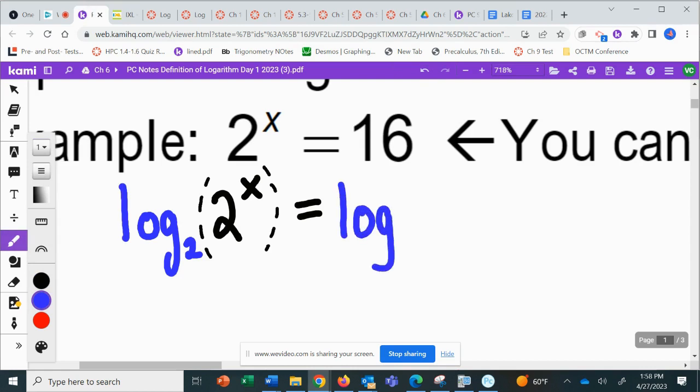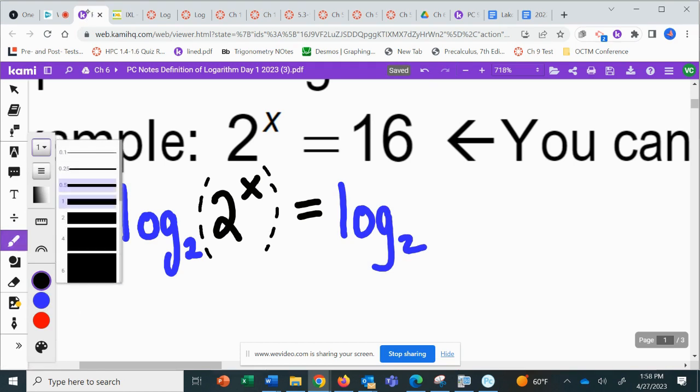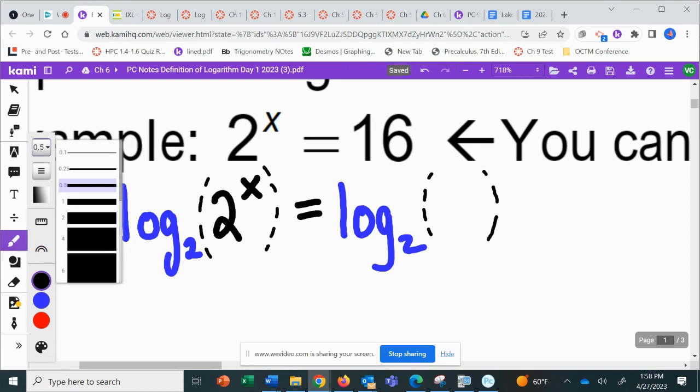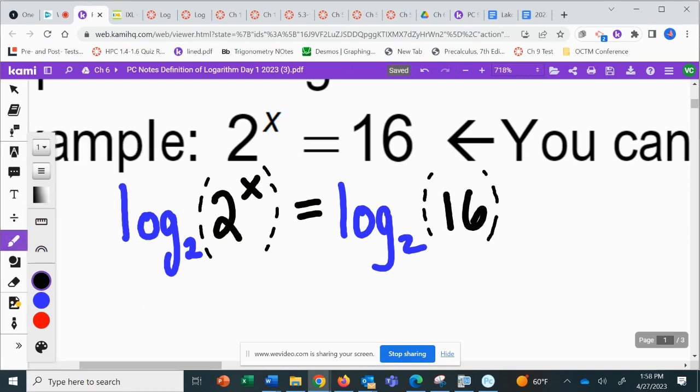The exact same thing I did on the left, I have to do the right. And then we've got that 16 sitting there, and that 16 is going to be in parentheses, but they won't always have the parentheses written. So I'm showing you that there are parentheses there, but you don't have to write them. Okay, so all I did was do something to both sides. That's what we do every single time we solve an equation.